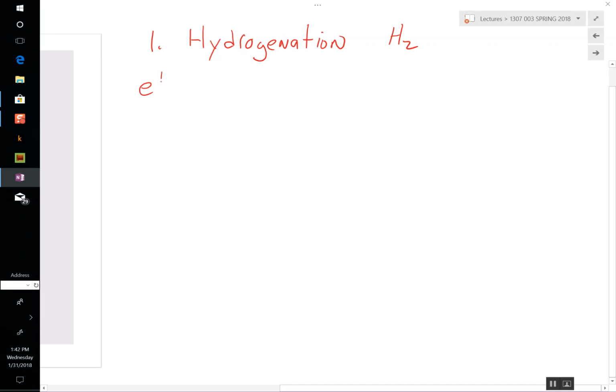So if I were to take something like ethene, which has a double bond in it, and react it with hydrogen, it would be the hydrogenation of ethene, and I want to show you what that would produce. So up here, I'm just going to quickly remind you what ethene looks like, plus hydrogen.